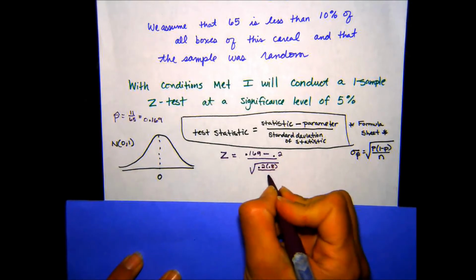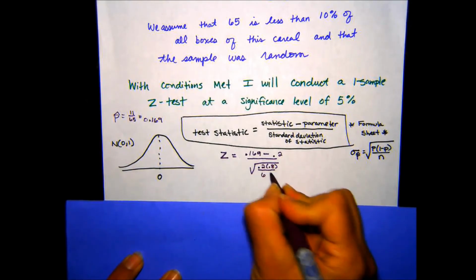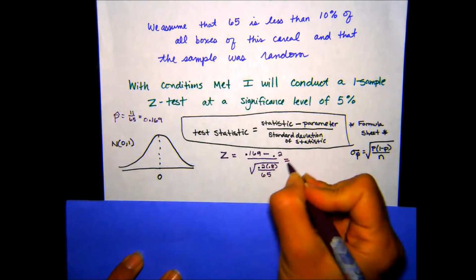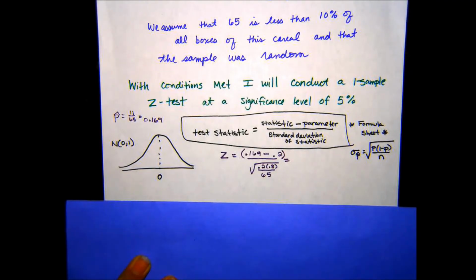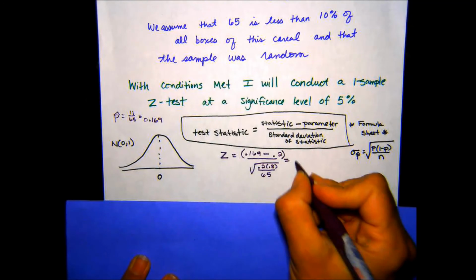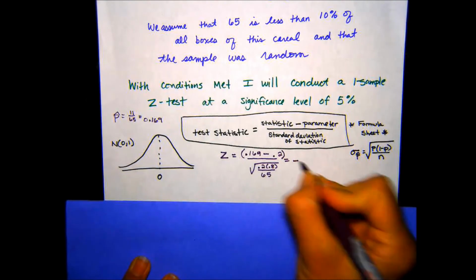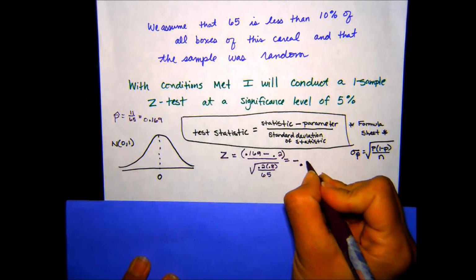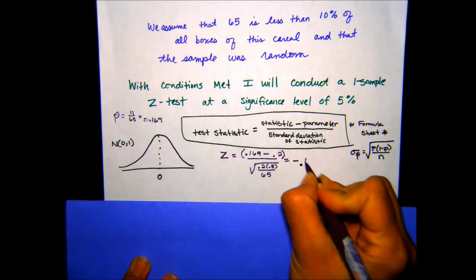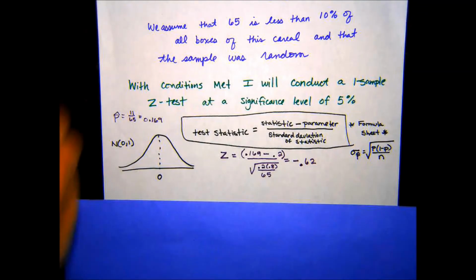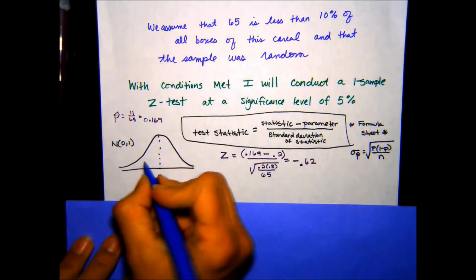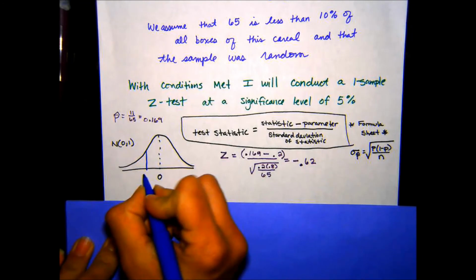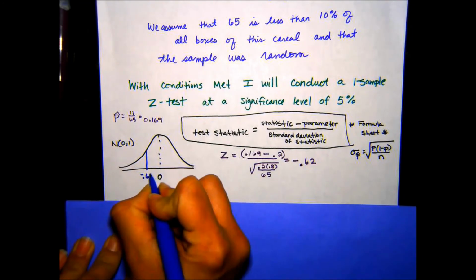If you put it all into your calculator at once, make sure you put parentheses around your numerator and around your denominator. We get a test statistic of negative 0.62. That means our sample is just 0.62 standard deviations below the mean, which is not that far below the mean. That is our test statistic.